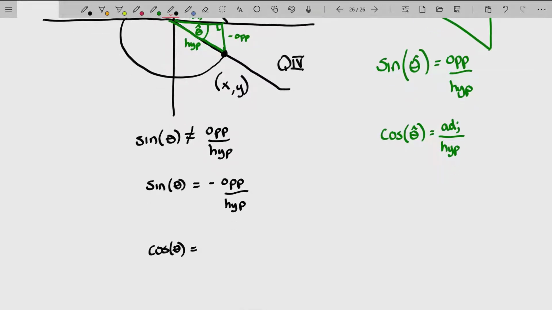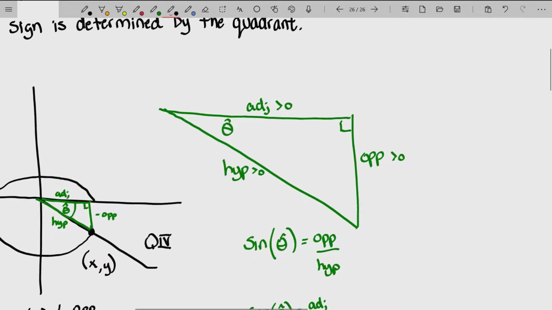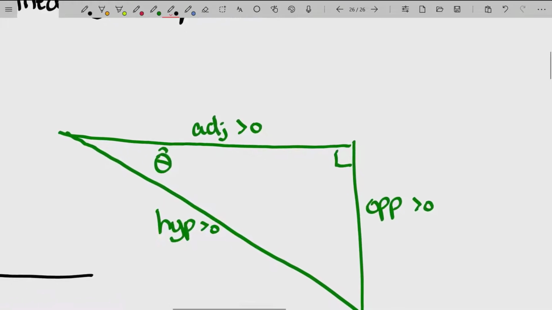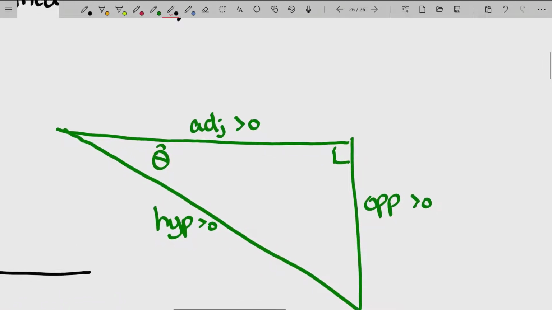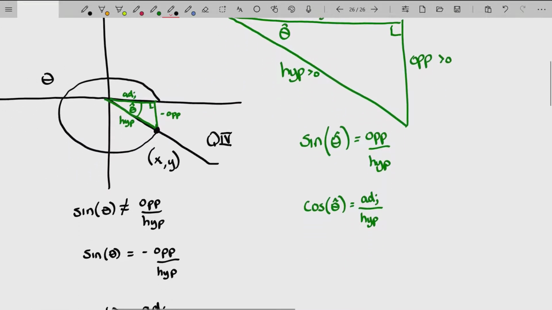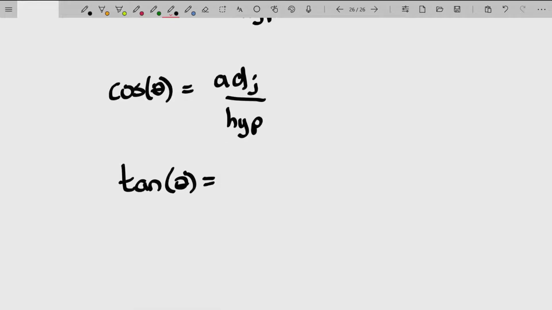Cosine is positive in quadrant 4, so that's adjacent over hypotenuse. There's no need to throw an opposite on there. Tangent of theta. Now we know if we were just dealing with right triangle trigonometry, the tangent of theta hat would be opposite over adjacent. The tangent of theta, because we are in quadrant 4, is negative, and then opposite over adjacent.